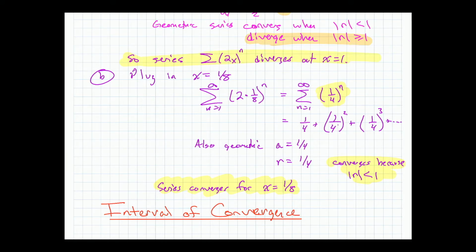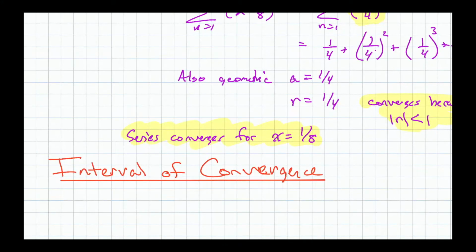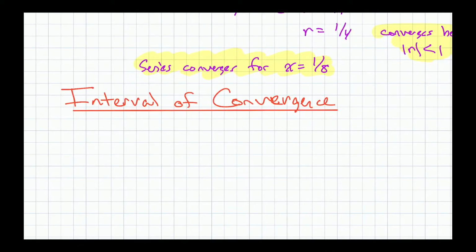The series diverges at x equals 1, but it converges at x equals 1/8. So a natural question is, where does it converge and where does it diverge? We want to know all of the places where it converges and all of the places where it diverges. And how we're going to write it is with an interval of convergence.